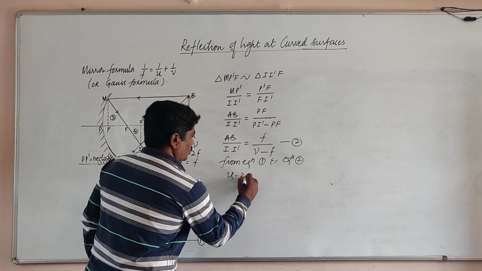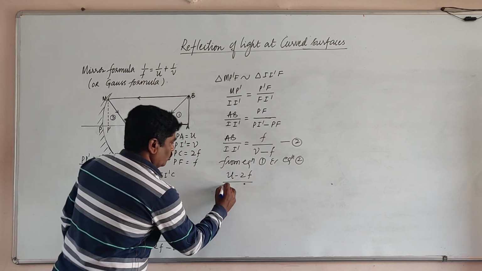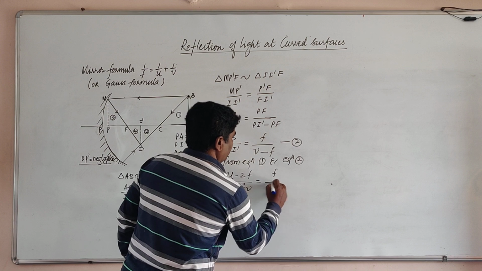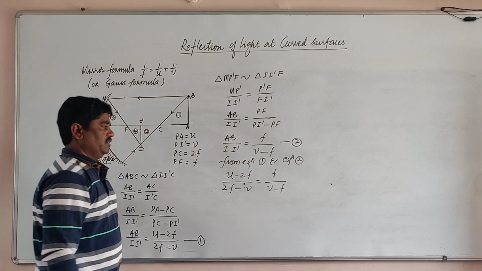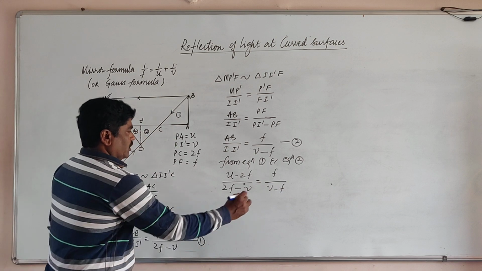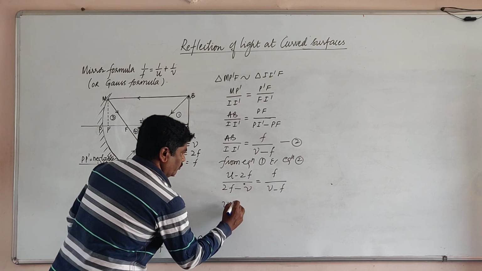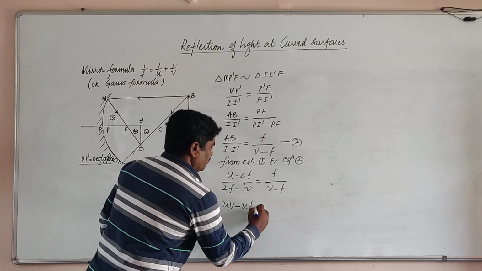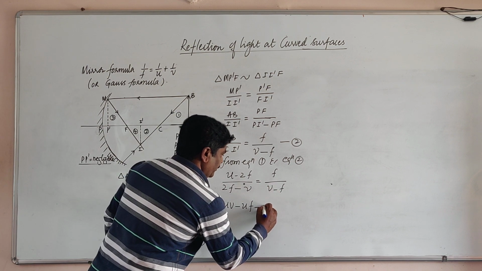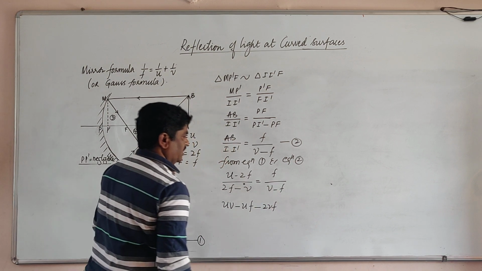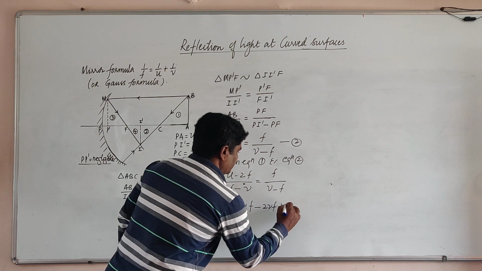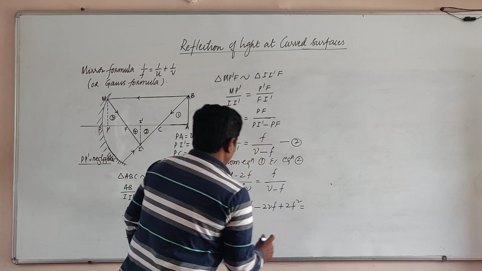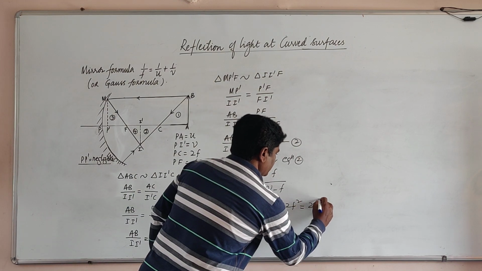U minus 2F by 2F minus V is equal to F by V minus F. So on cross multiplication, U into V, UV, U into minus F, UF, here minus 2F into V, so that is nothing but 2VF you can write, minus into minus plus 2F square is equal to 2F into F, this is 2F square.